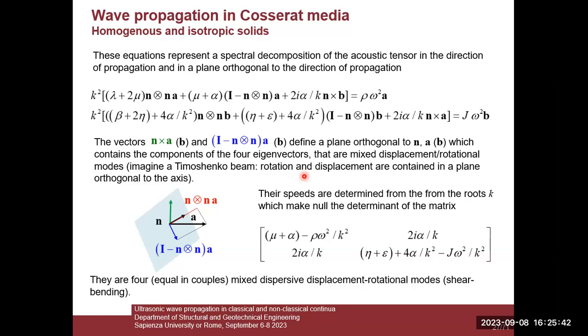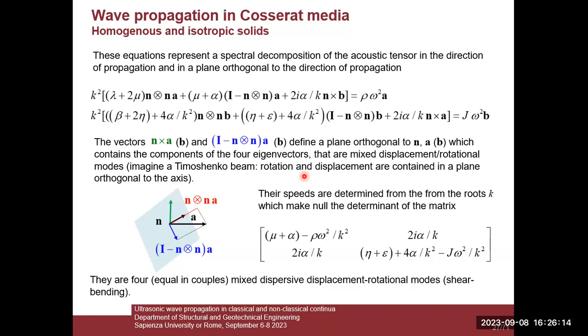So if you can imagine a wave which propagates along the axis of this Timoshenko beam, you can have both displacement and rotations. And these two vectors are contained in a plane which is orthogonal to the direction of wave propagation.